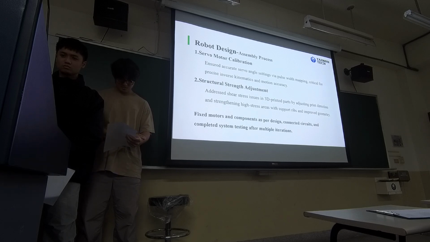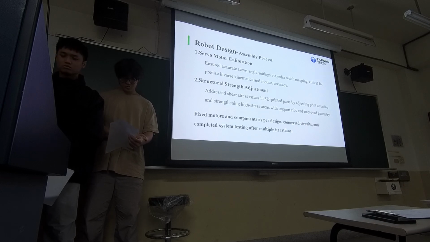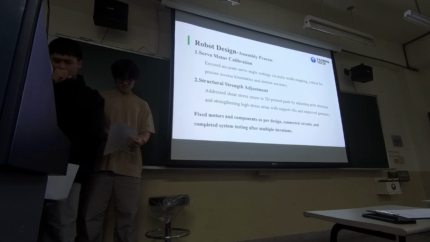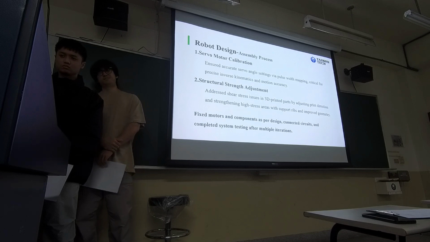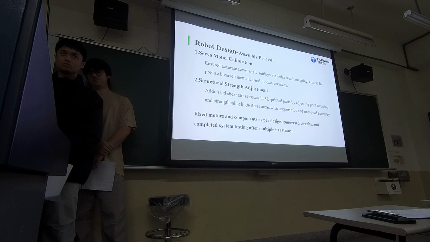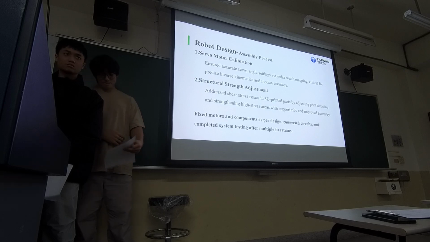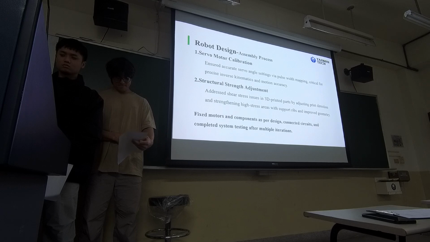Okay, about the structural stress adjustment, we found that the shear stress on some 3D printed parts exceeded the material's allowable stress, causing them to break. To solve this issue, we adjusted the printing orientation so that the direction of the applied force would be offset from the print layers, thereby improving the shear resistance of the structure.